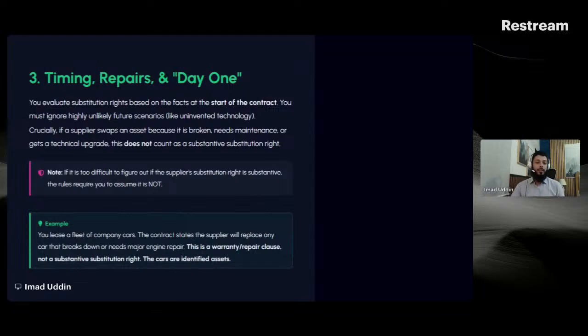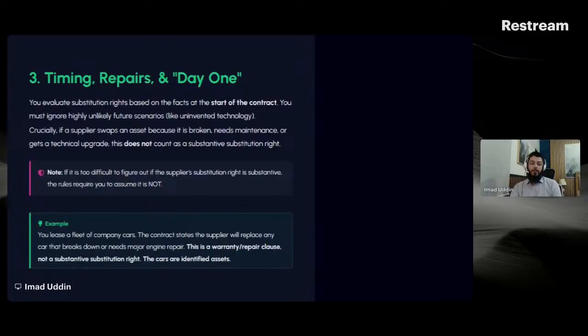So if, for example, a lessor gives you the protection that if the asset gets damaged it is substituted, then basically the right to control that asset is still with the lessee, because the lessee is allowing the asset to be substituted. Even though there's such protection in the contract, it's not a substantive right to substitution because it's not economically beneficial for the lessor to substitute it. Rather, it's economically worse for the lessor, but because the lessee needs it and the lessee is allowing it, such a clause can exist, and the substitution right still does not exist.